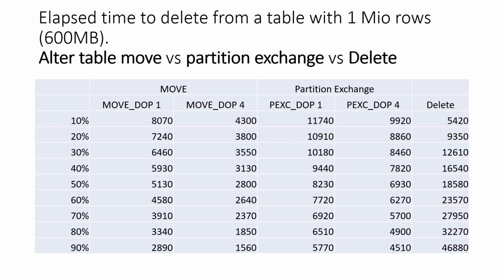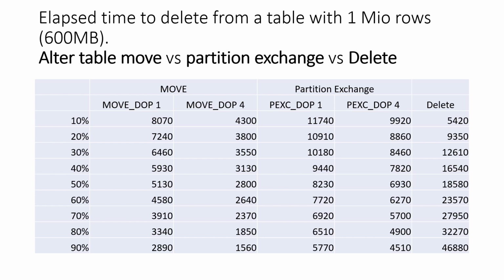And you see here this is the result. In the first two columns, deleting from, we have the result for one table with 1 million records, using the new Oracle feature, the alter table move, including the rows. I deleted without parallel processing, and with parallel processing I just used a DOP equal to 4, and this is the same for the partition exchange, and the delete method is the last one.